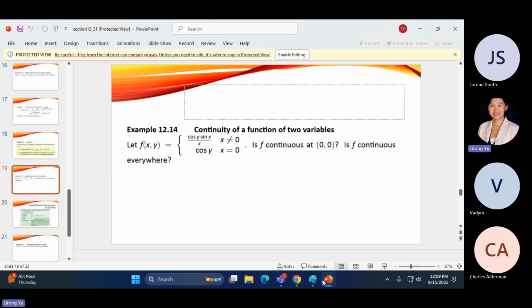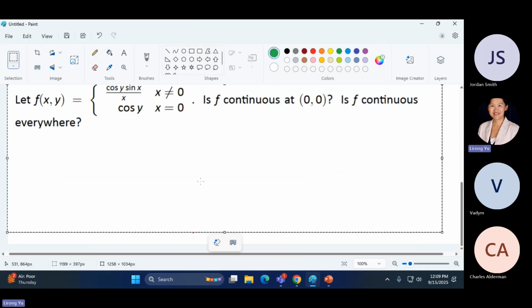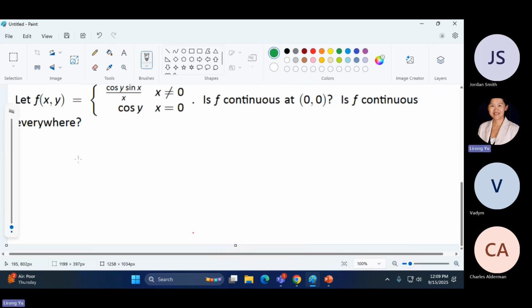We'll look at the two definitions one by one. All right, so the first question will be whether the function's limit equals the function value. So the function limit is cosine of y times sine of x over x, and we make x and y approach 0.